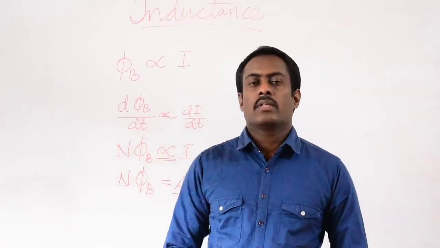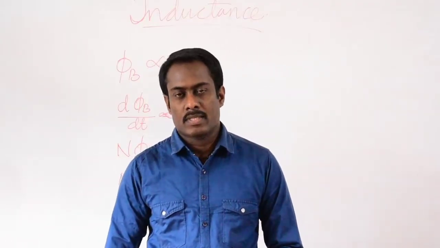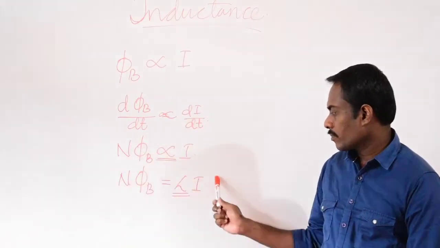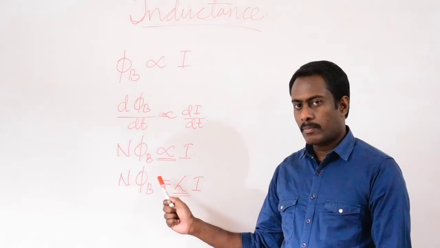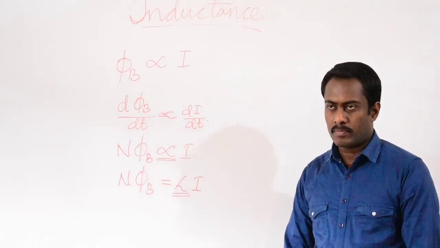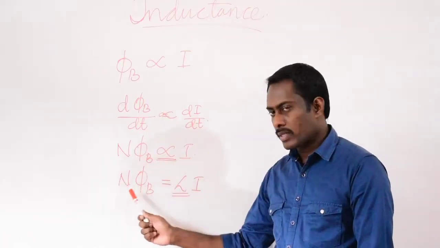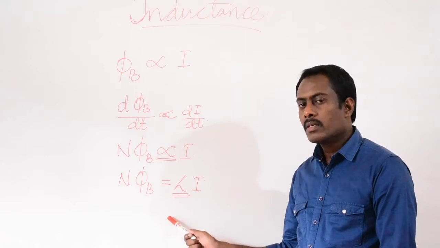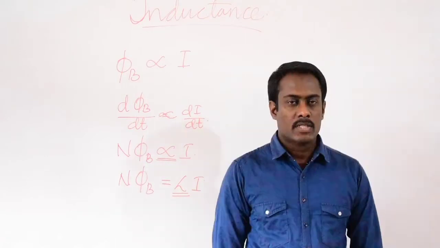It is also called the coefficient of self-inductance. When the current varies, the magnetic flux associated with the coil also varies, and the change in the magnetic flux associated with the coil leads to the formation of EMF.